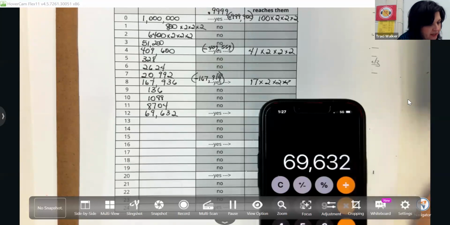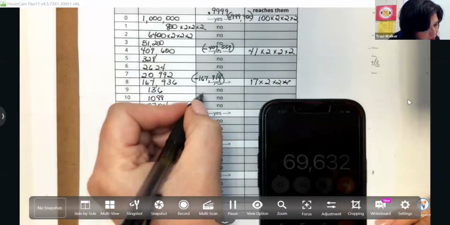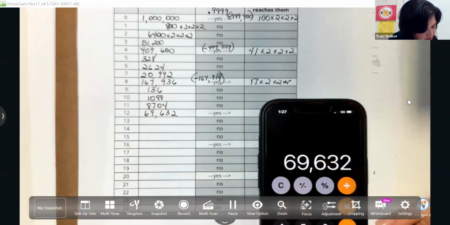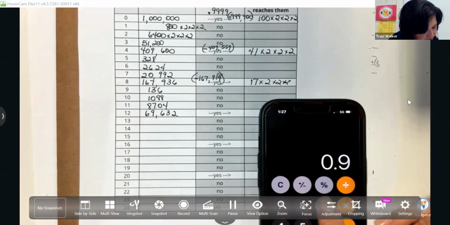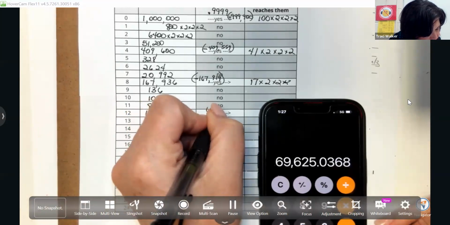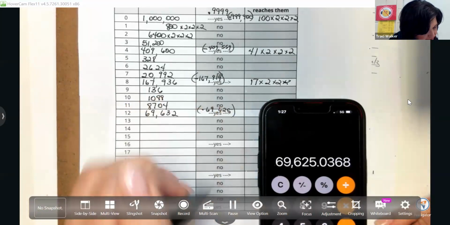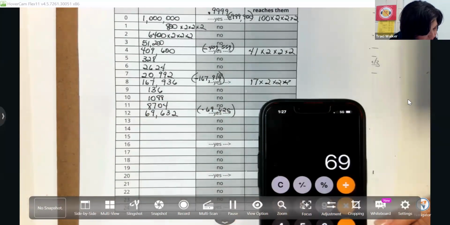Okay, so we got to take our, let's see, that'll be 1, 2, this will be our 4th dose. So we're going to kill 99.99% with our 4th dose, which is 69,625. We're going to subtract that from our population before we took our 4th dose.